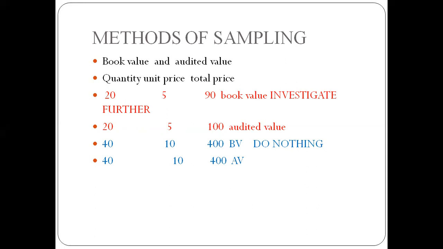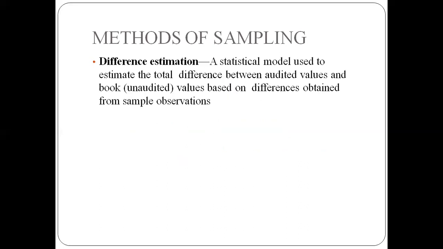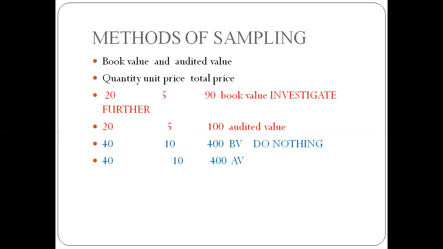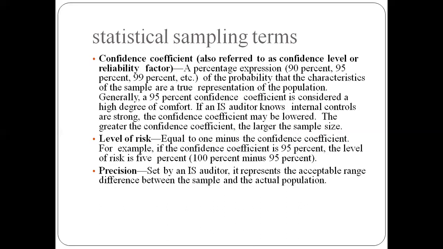There's no difference in the two estimations, so you just move on to the next transaction. But for the first one, you have to investigate further because there's a variance between what the auditor got and what the auditee got. That is what is called difference estimation, and it can be used to select samples that require further review by the auditor.